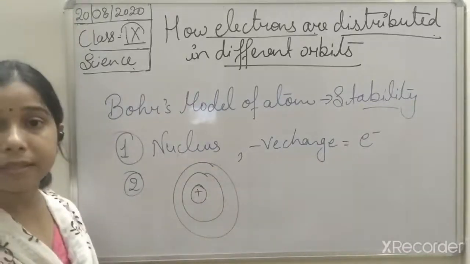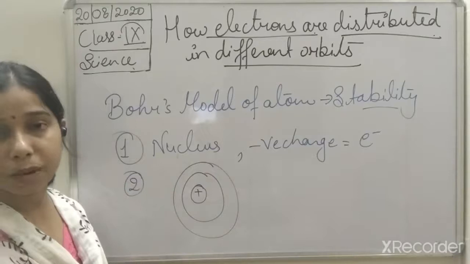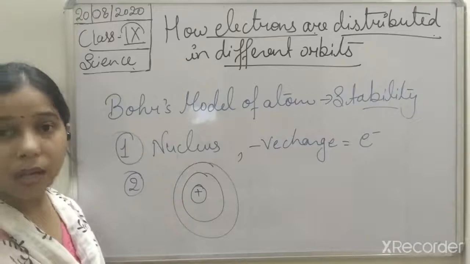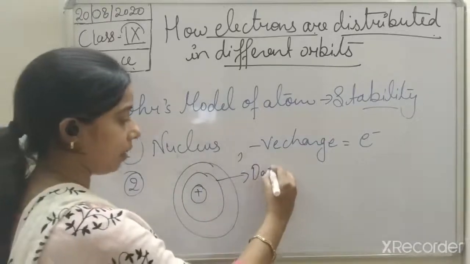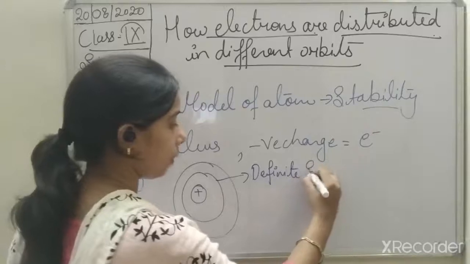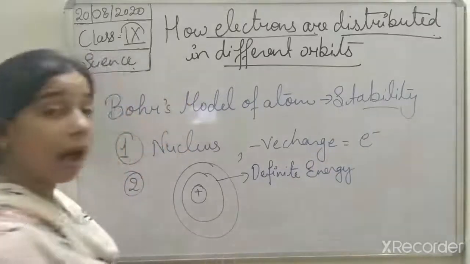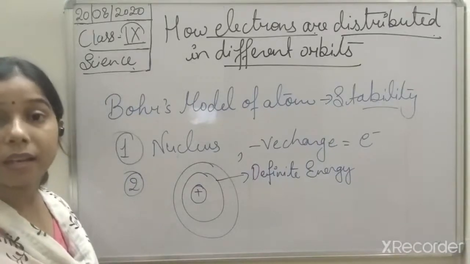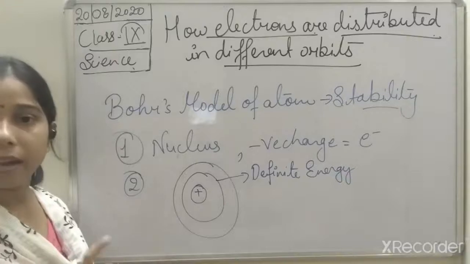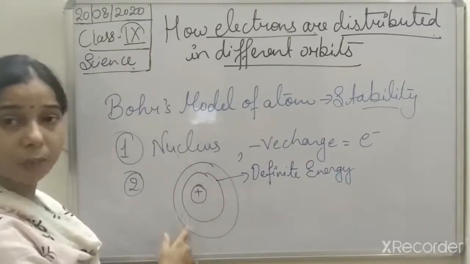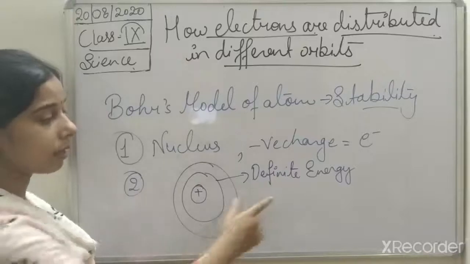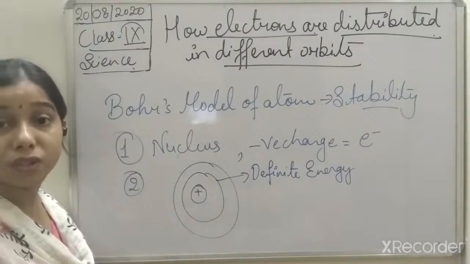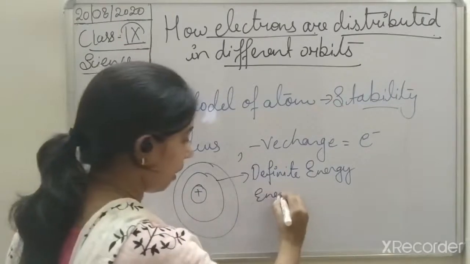These different circular orbits present around the nucleus have a definite energy, and since they have definite energy, we can call them an energy shell or energy level. Okay, so all these circular orbits present around the nucleus have a certain amount of energy, and that is why we call them an energy shell or energy level.